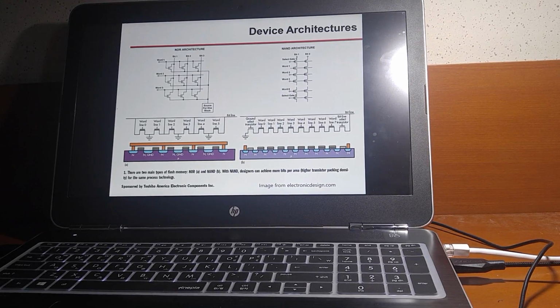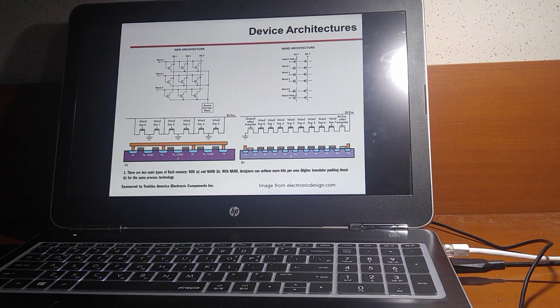For NAND architecture, it is simple and it is smaller than the NOR because it has less wiring than the NOR architecture.